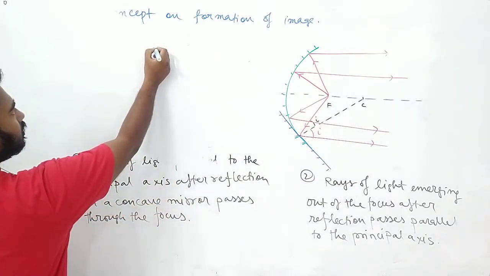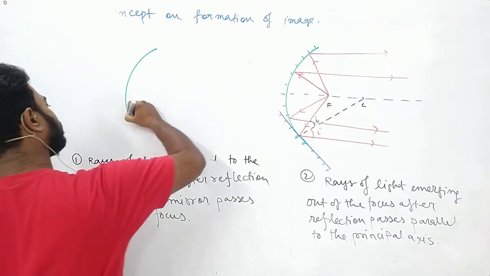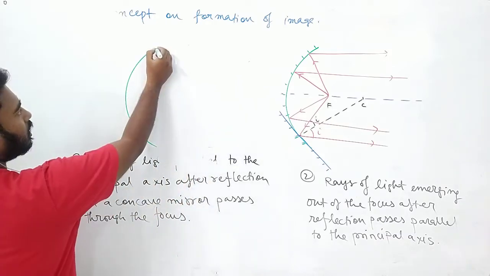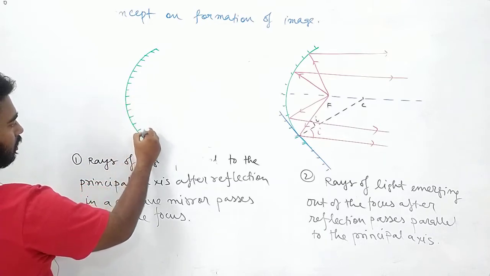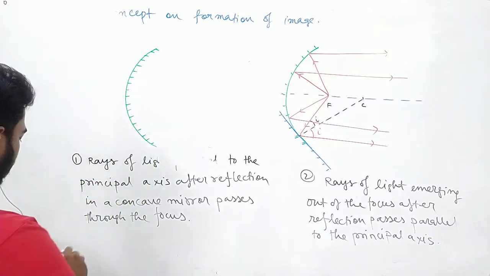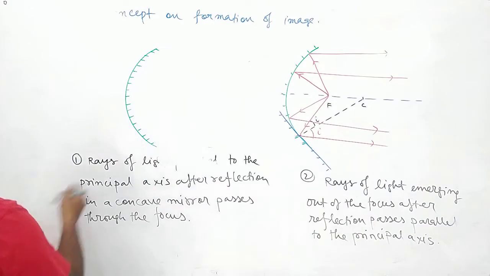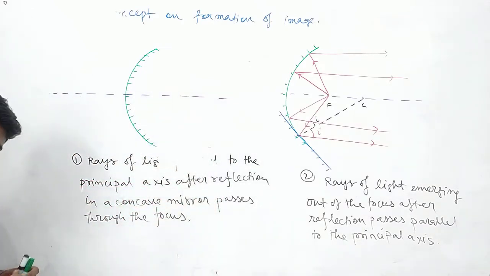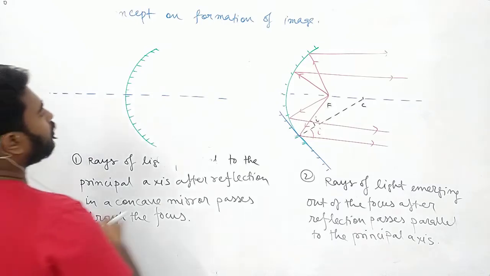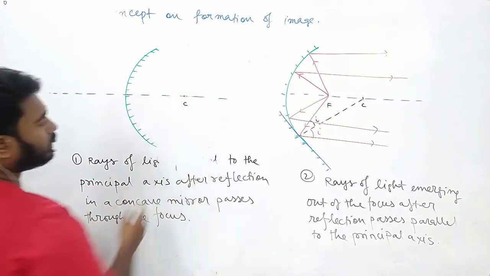Suppose you have a convex mirror now, and this one is your principal axis. Let this point be the center of curvature.